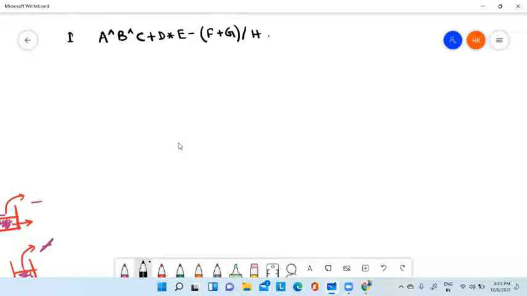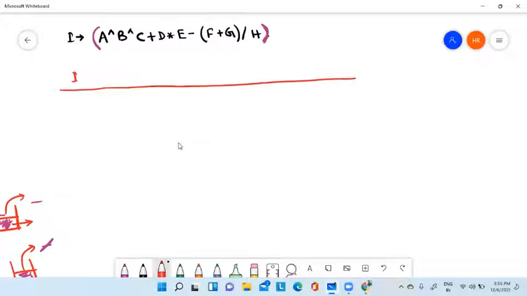So this is our I. The first thing that you have to do is put this expression I within one parenthesis, left and right parenthesis. This is the first thing that you have to do. Then this is your I.